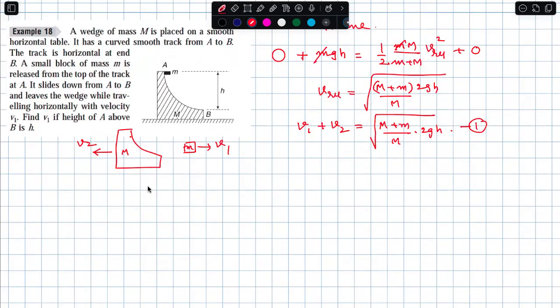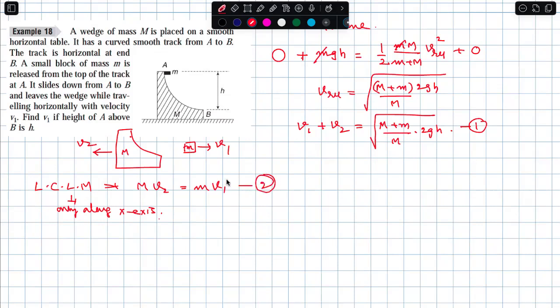There will be a vertical component and mg acts. So you can conserve linear momentum all the time only along the x-axis. So the law of conservation of linear momentum implies M v2 is m v1. Remember, only along the x-axis.